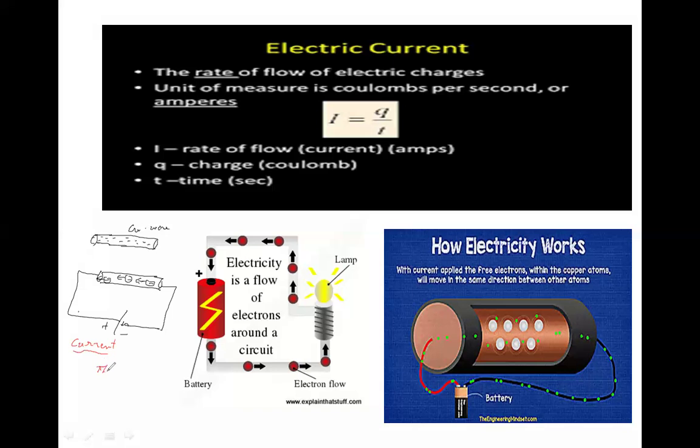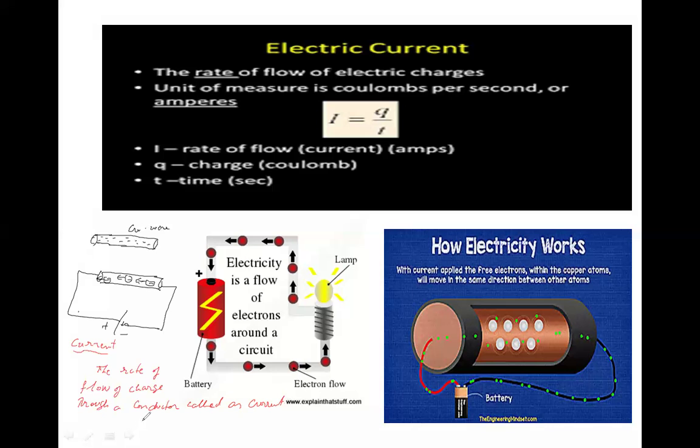The rate of flow of charge through a conductor is called electric current. That's a 2 marks definition, often repeated in your exams.